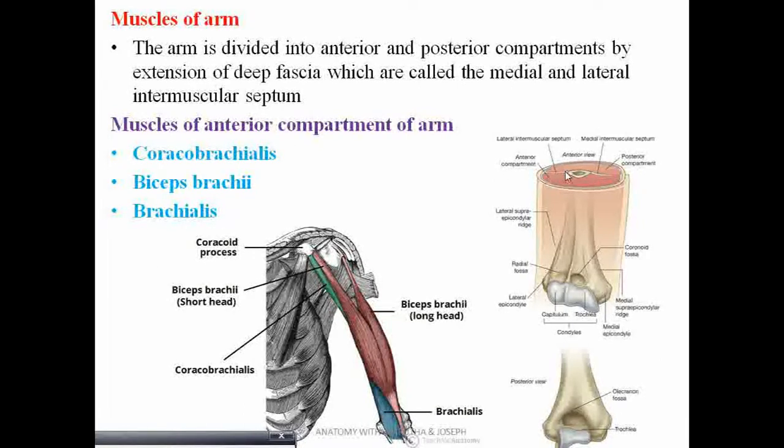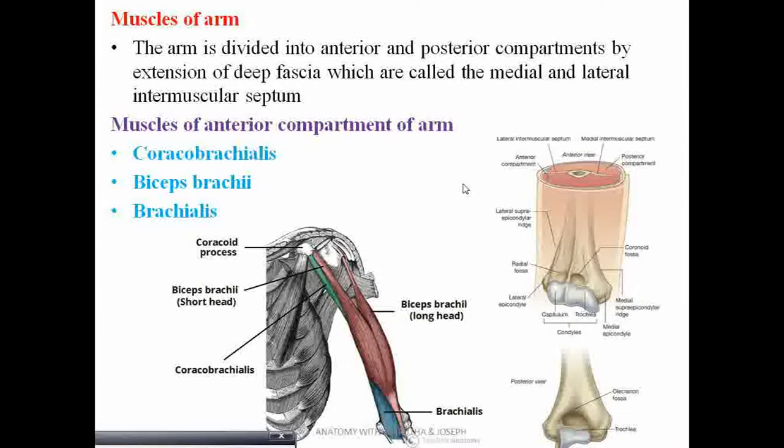They meet the bone, and because of the bone and these medial and lateral intermuscular septa, the area is divided into two parts: an anterior compartment in front of the bone and the septa, and a posterior compartment behind the bone and the intermuscular septa.